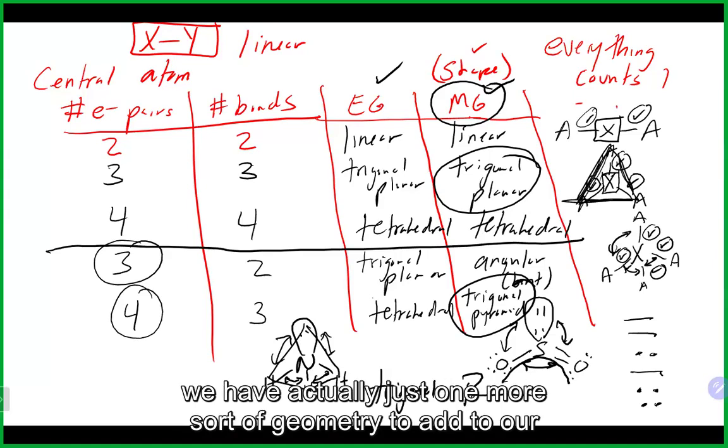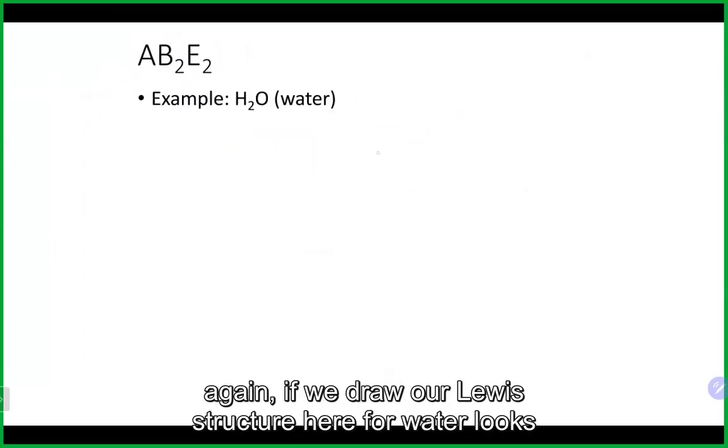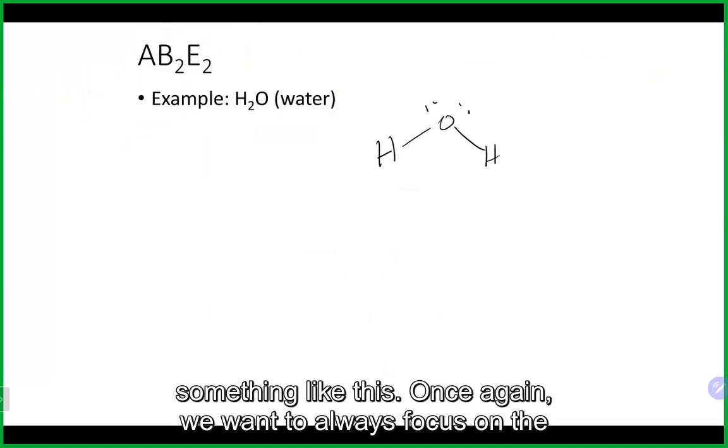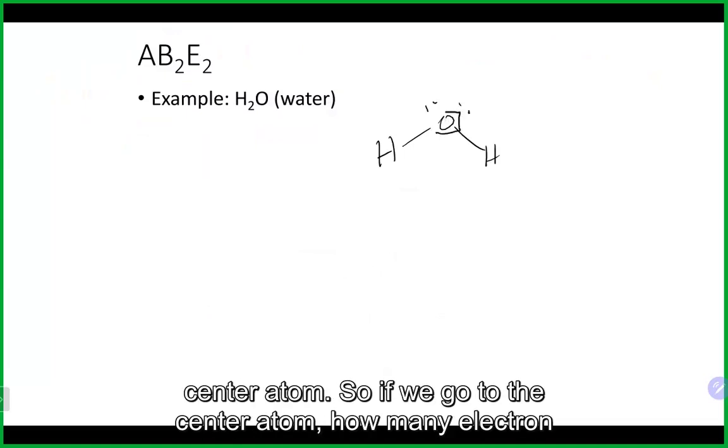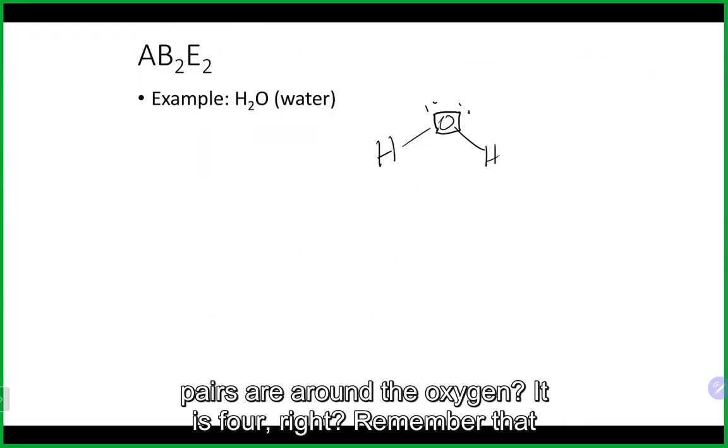Okay, so we have just one more geometry to add to our list, and let's talk about that one. And this is water. If we draw our Lewis structure for water, it looks something like this. Once again, we always focus on the center atom. How many electron pairs are around the oxygen?